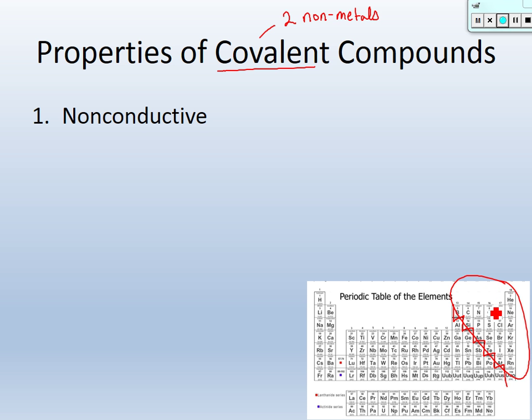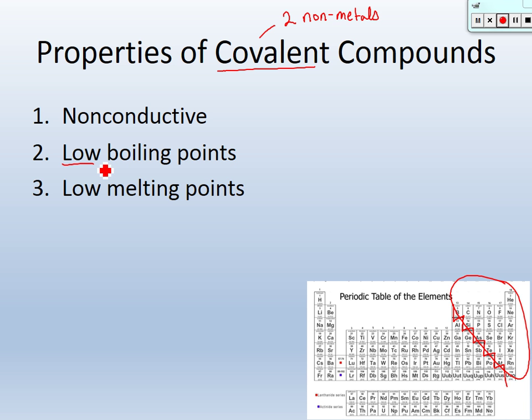So covalent molecules tend to be non-conductive, which means they don't conduct electricity all that well. They don't at all. They have low boiling points. So the point at which a liquid becomes a gas is very low. Okay, low boiling points. They have low melting points as well. Covalent molecules tend to be very flammable.